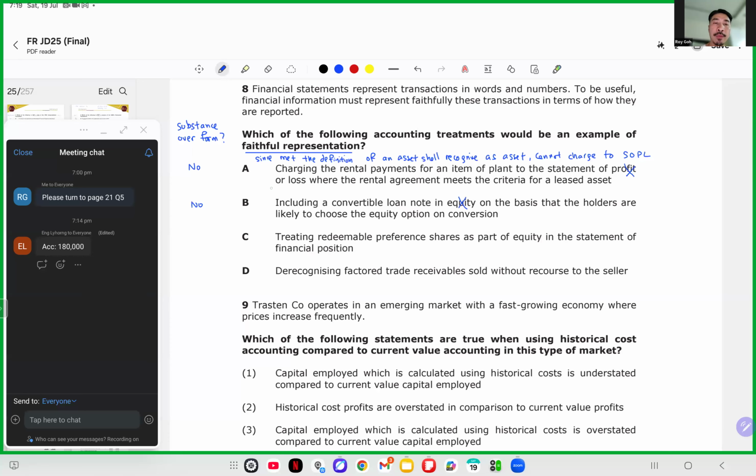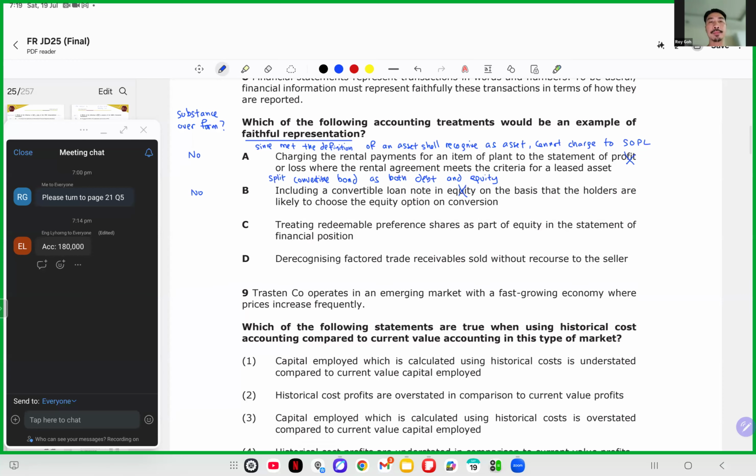So you shall classify, split accounting, a convertible bond as both debt as well as equity. Not debt only, not equity only. It has to be both. So the words that say equity only is wrong.